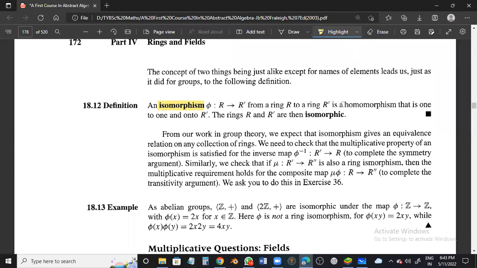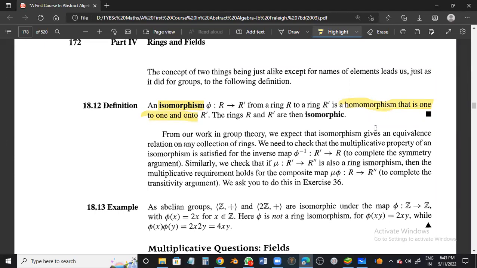So a homomorphism which is one-one and onto is called an isomorphism. The map is called an isomorphism, and the structures R and R dash are said to be isomorphic structures.